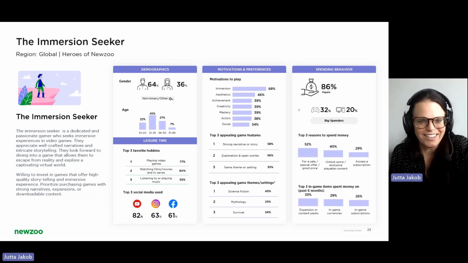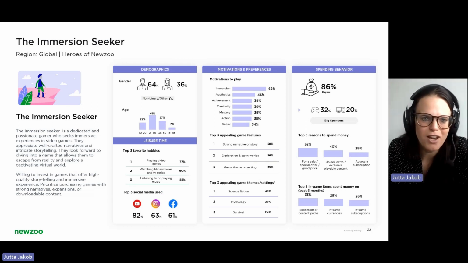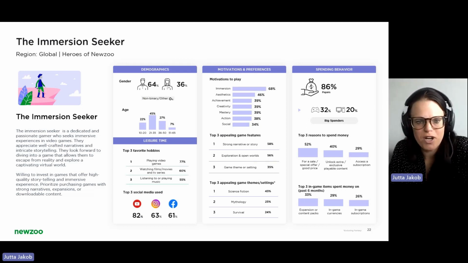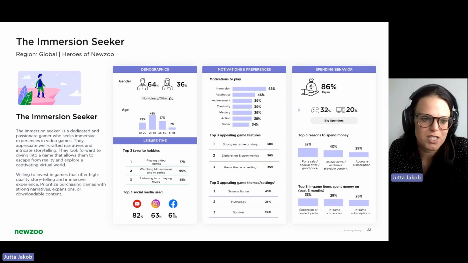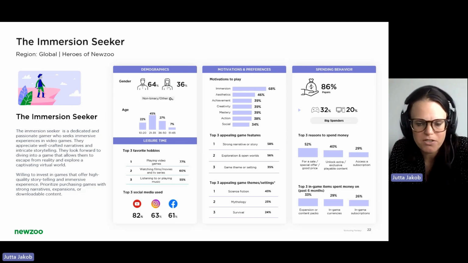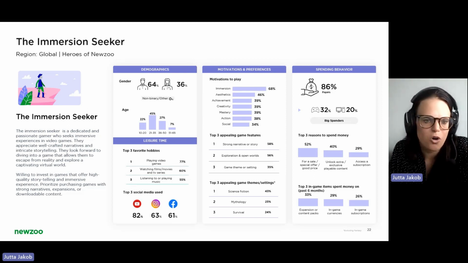So finally, we can bring our personas to life. We have crafted a comprehensive profile that ensures a shared understanding and reference for our entire Heroes of Newzoo team. This profile delves into both the demographic and psychographic aspects of our personas, capturing details about their interests, hobbies, and media consumption beyond gaming.